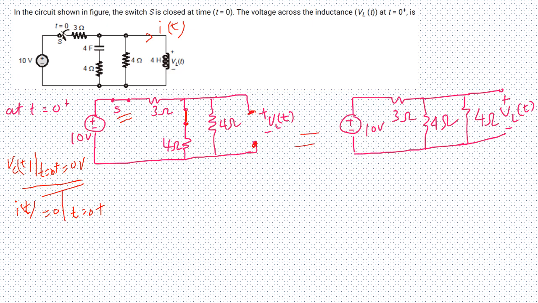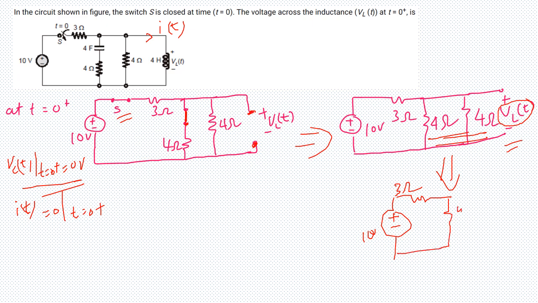Now this can be further modified as shown here. I can further modify this circuit and it will be represented like this: 10 volts, 3 ohms, and this is the voltage we need to find. You can observe here that these two resistors are in parallel, which will constitute 4 into 4 divided by 4 plus 4.